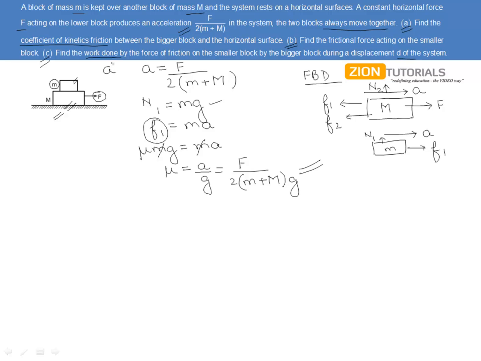Now this was the first part of this question, and now proceeding with the second part, in which we need to find the frictional force acting on the smaller block. Now what is the frictional force? This is simply mu N1, that is mu, which we found out in the first part itself, and the normal reaction N1, which we found out in the first part as mg.